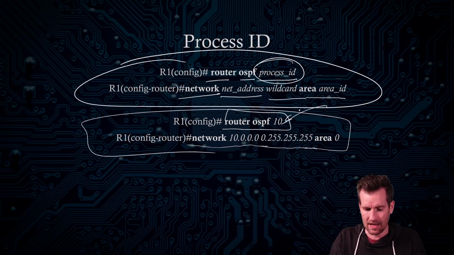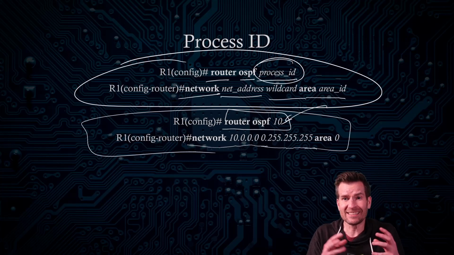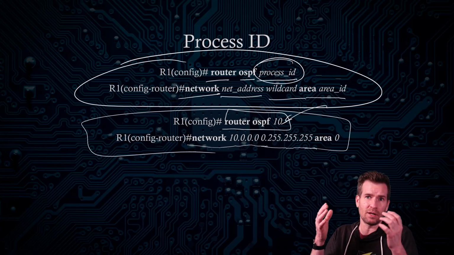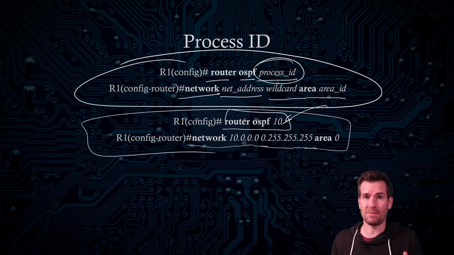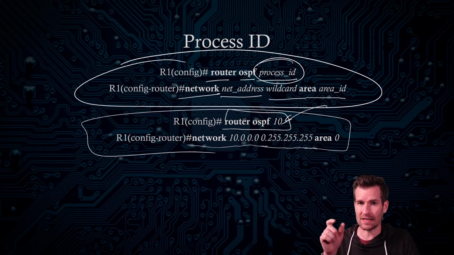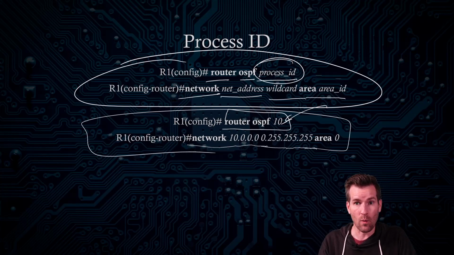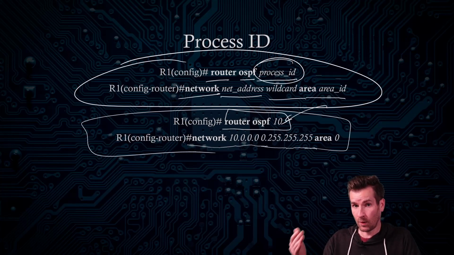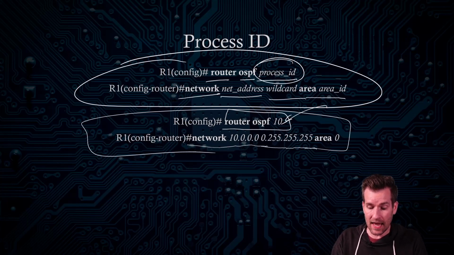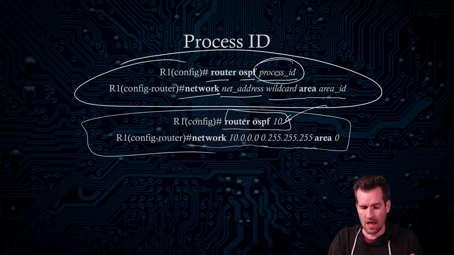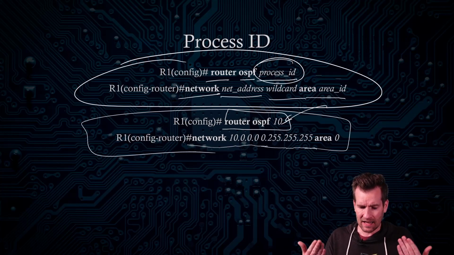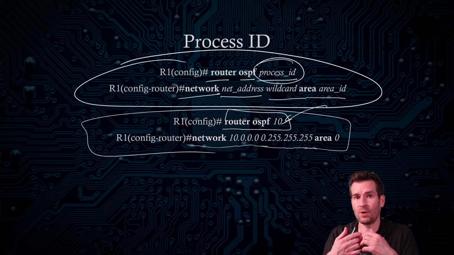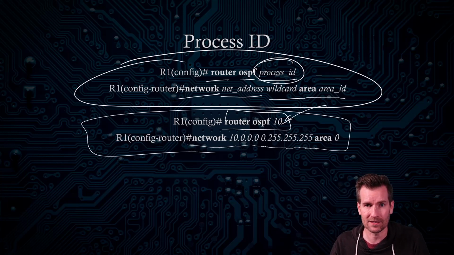For consistency, I'm going to put OSPF 10 on every single router, but it doesn't have to be the same, because it is just identifying the process, or the OSPF instance. If I had multiple instances running on this router, I would use multiple process IDs. So don't get hung up on that. You don't need to know a lot about it, except that it's router specific and that we're going to come up with 10 and put it the same on every router.